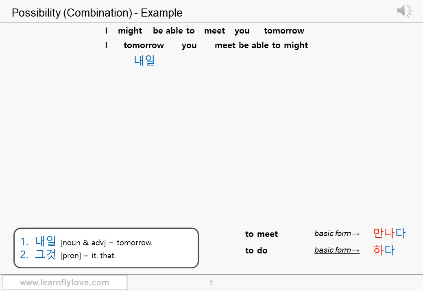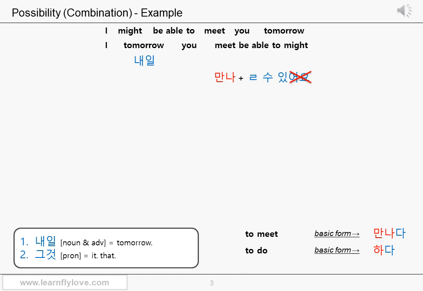The basic form of the verb meet is 만나다. 만나 is the stem. Since the last letter of the stem doesn't have a final consonant, you add the final ㄹ consonant and 수 it to indicate that the subject is able to do this. You don't add the ending 어요 to this because this is not the end of the sentence.